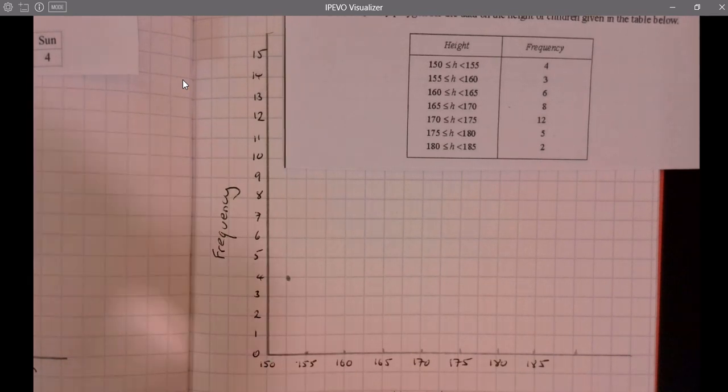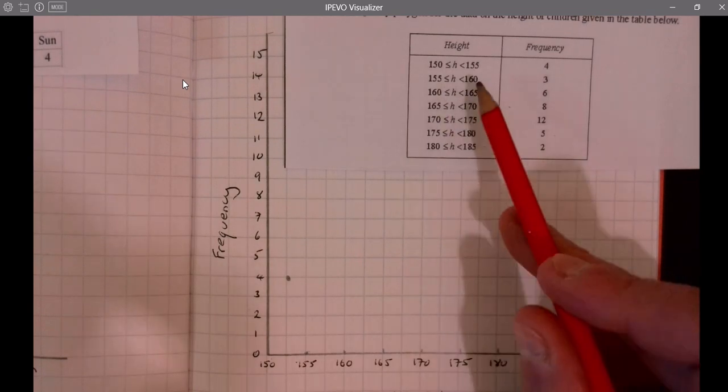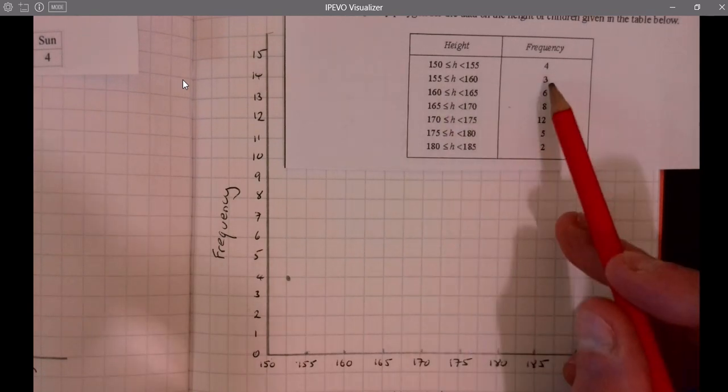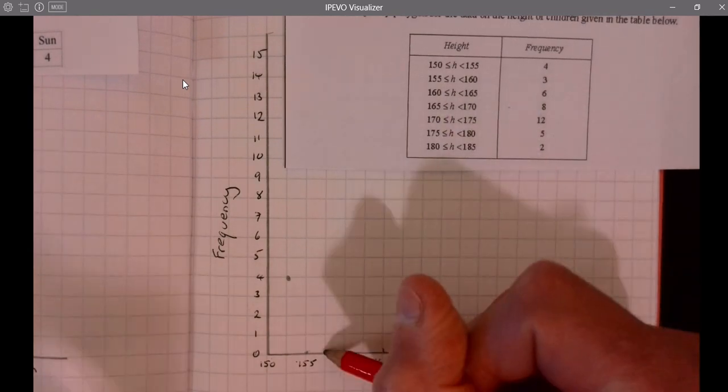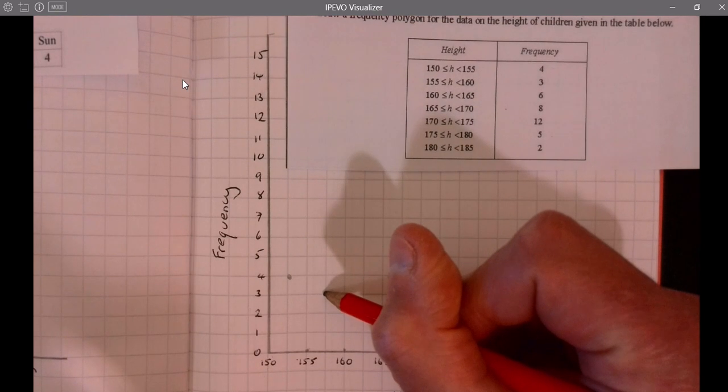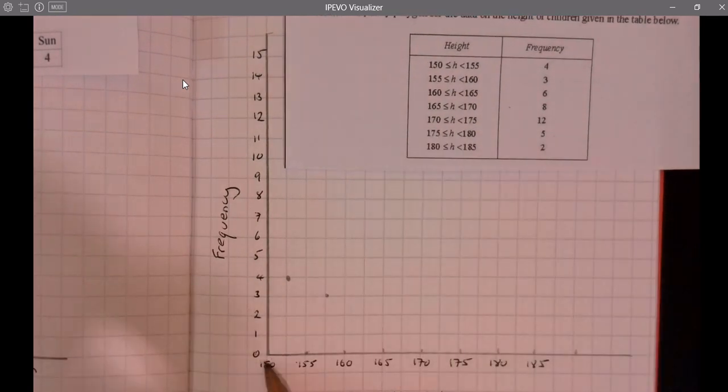Alright, 155 to 160, frequency is 3. So what's in the middle? 157.5. Notice the scale that I've used along here. I had a look at this before, had a little think about how big to make it, and I knew I was going to plot against the middle, so if I go across in 2 squares, it'd be better, because then it's nice and obvious where to plot.